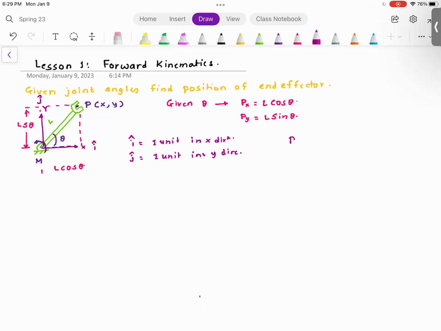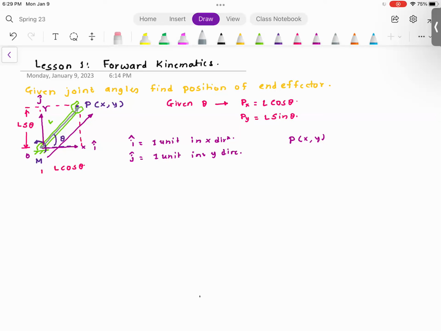So I can define my position P(x, y) as a position vector, and this is very important. I can define this as a position vector from the origin O. So I'm going to show this position vector here.